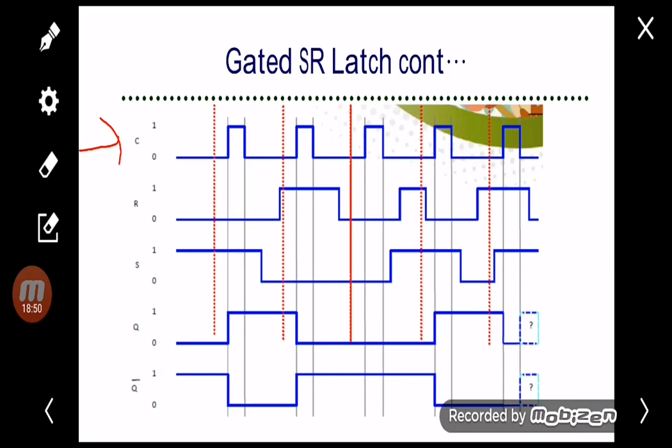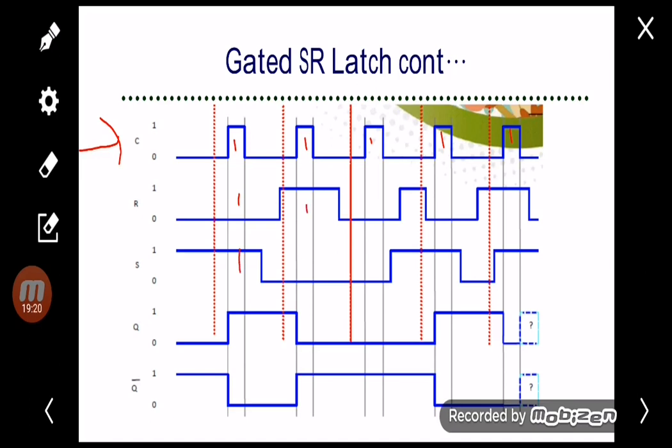In this case, we need to draw the vertical line for each of the enable active periods. The latch will be active when C equals 1 here, and it will change the output based on the S and R over here along the C equals 1.